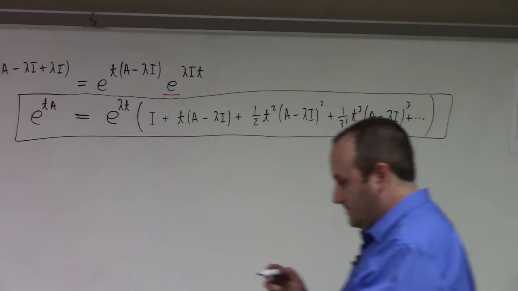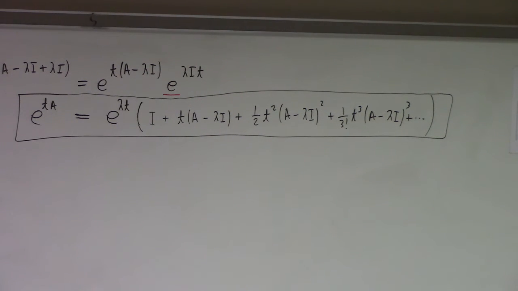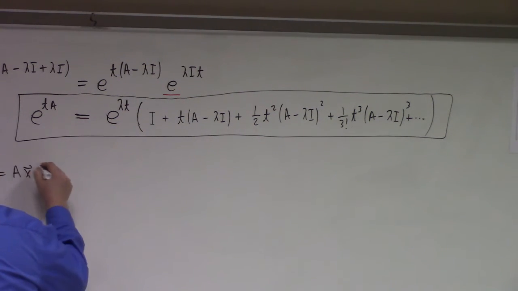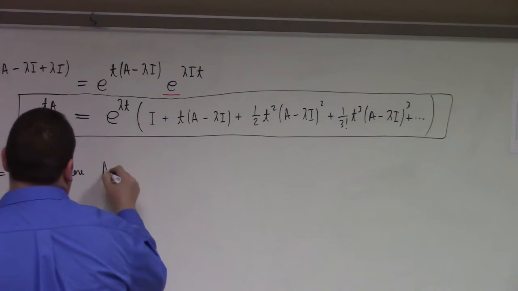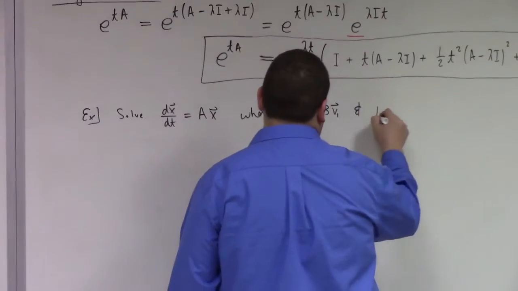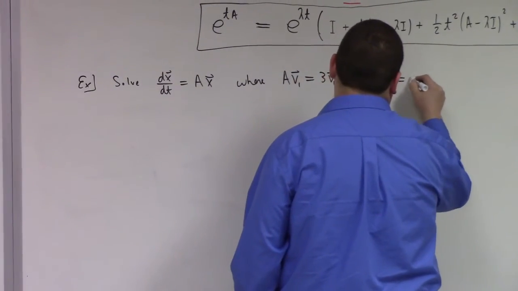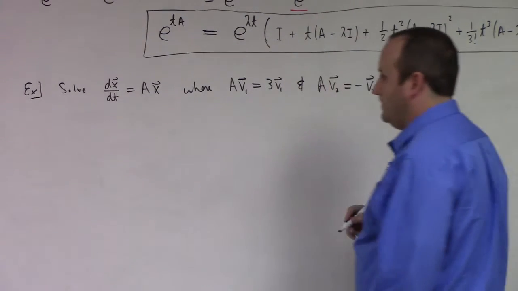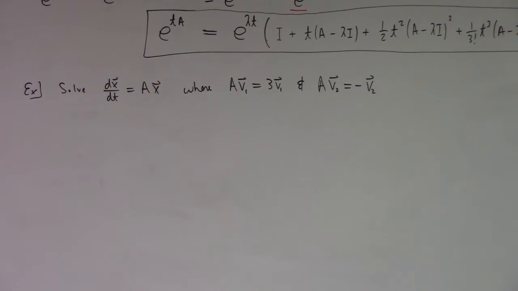Well, check this out. For example, if I want to solve dx dt equals ax, where let's say a times v1 is equal to 3 v1, and a times v2 is equal to minus v2. Suppose it's a 2-by-2 problem. I need to find 2 linearly independent solutions: magic formula, and the exponent, and these eigenvectors.